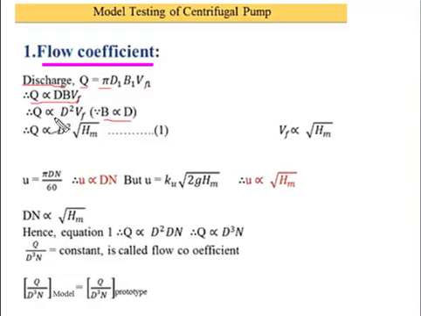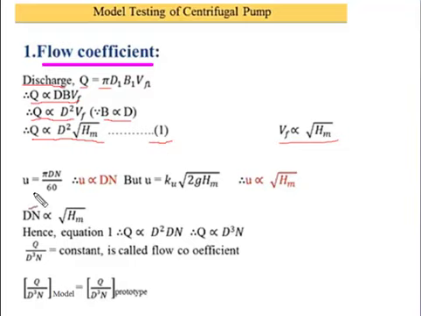Therefore, this equation can be written like this: Q is directly proportional to d square Vf. We also know that the flow velocity of fluid depends on the manometric head to the power 1/2. So here Q is directly proportional to d square under root hm. This is equation number 1.